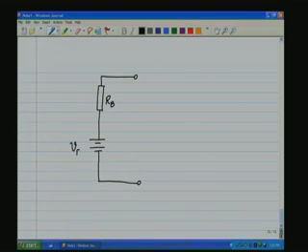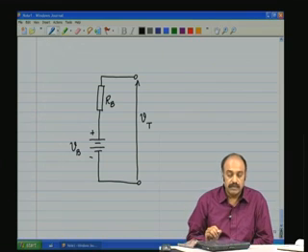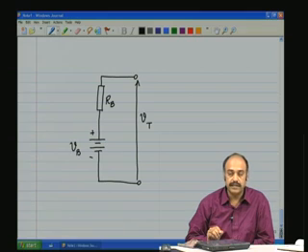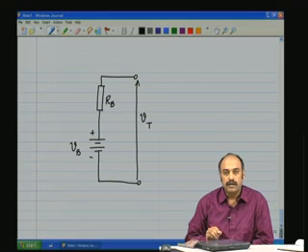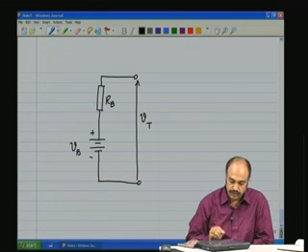This is VB, this is the positive terminal and the negative terminal, and this is VT, the terminal voltage. So you see that RB will have a finite value in all practical batteries. If the battery had been ideal, RB would have been 0, but it is not so, unfortunately.